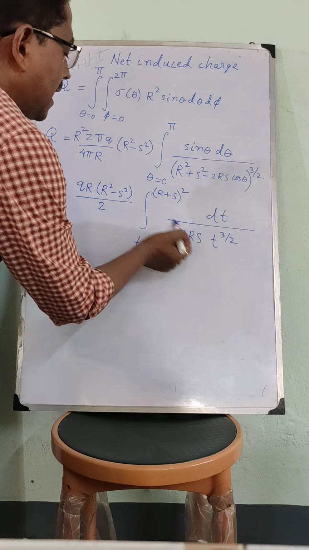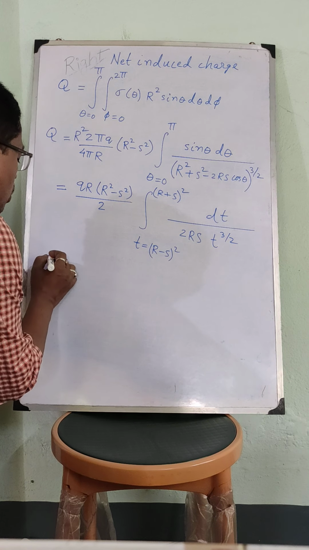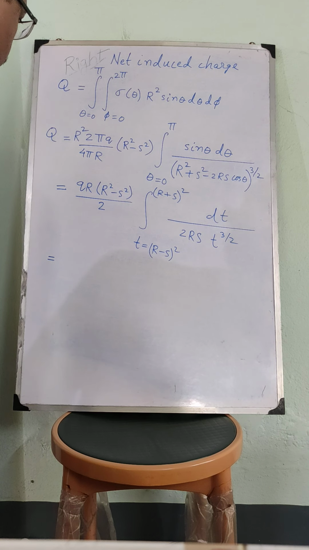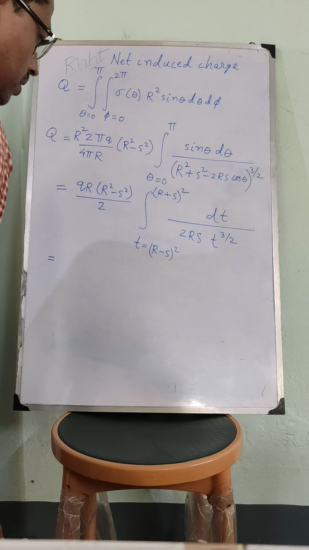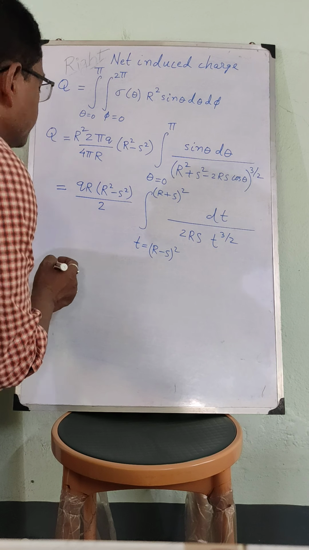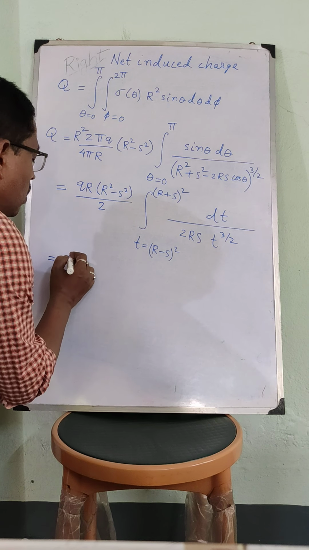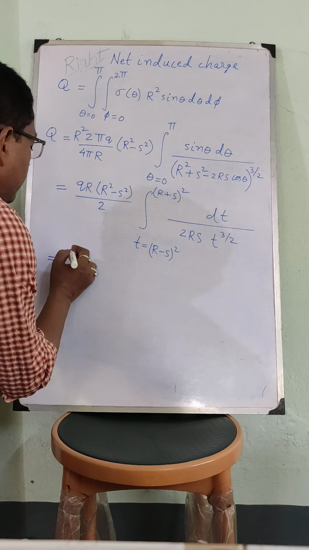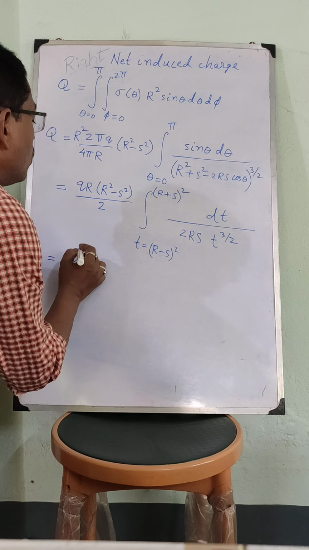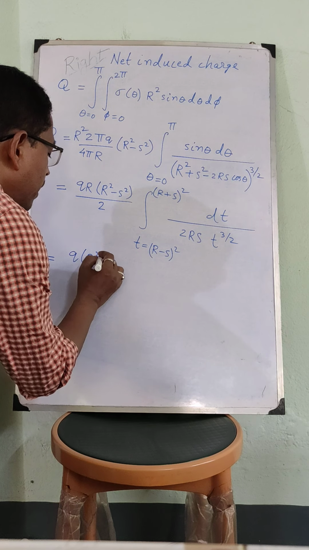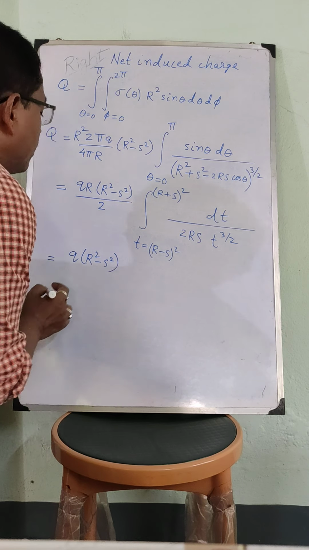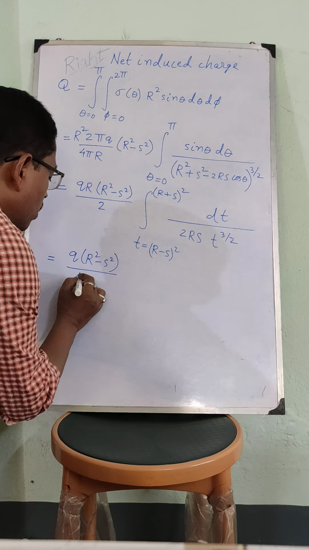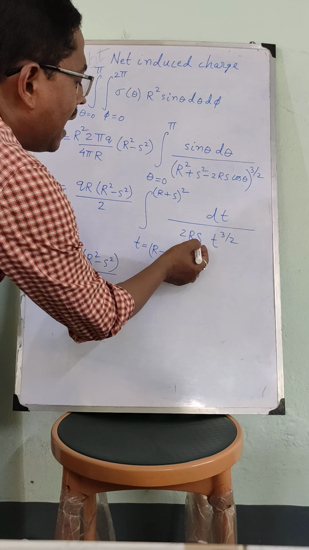Now this 2rs I can bring outside the integral, so this r and this r will cancel, so I will have q r square minus s square divided by 4s.